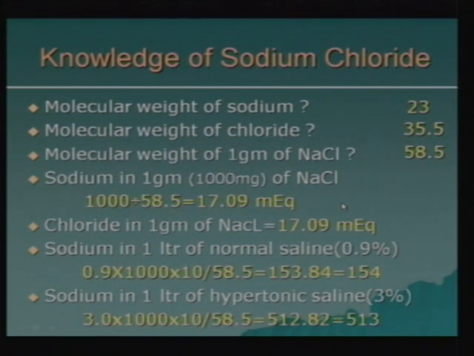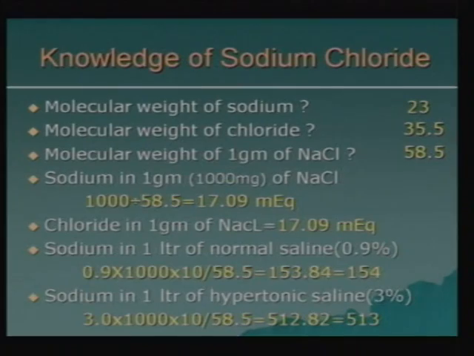Next question: let us say you prescribe 1 teaspoonful of salt to a patient. How much sodium is delivered? A small, level teaspoonful contains 5 grams of salt, and so 5 grams of salt has about 85 milliequivalent of sodium and 85 milliequivalent of chloride.